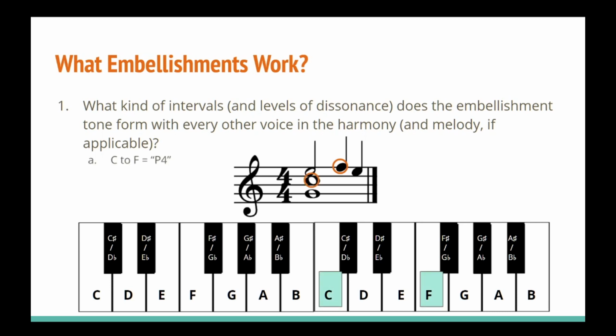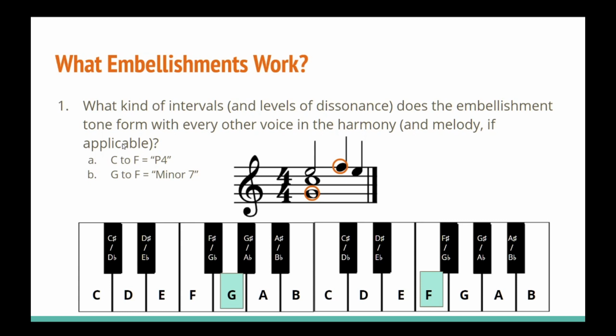That's a perfect consonance. G to F is a minor seventh, which, if you remember, is a mild dissonance. So, all in all, there's nothing that we need to worry about too much. There's a little dissonance involved, but it's separated by a perfect consonance, which, all in all, makes the note sound just fine.